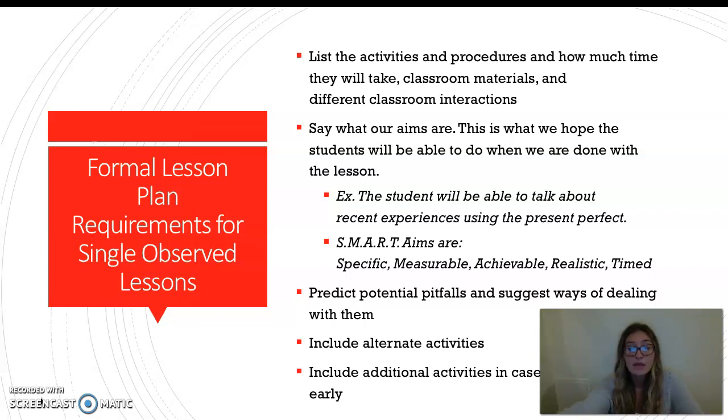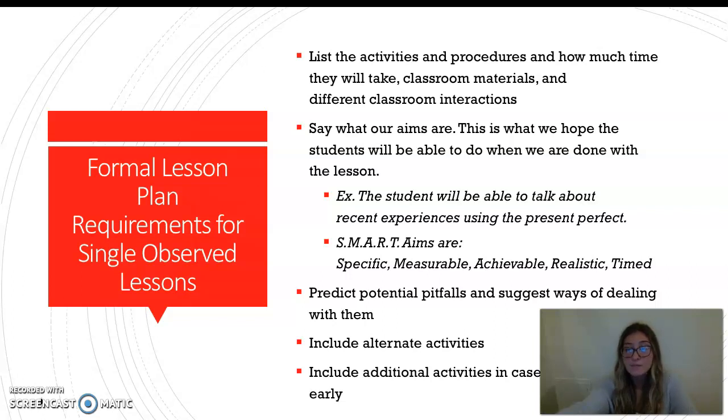An example of an aim would be the student will be able to talk about recent experiences using the present perfect. And we have SMART aims, which are aims that are specific, measurable, achievable, realistic, and timed. Ideally all aims should include these elements. We want to predict potential pitfalls and suggest ways of dealing with them.